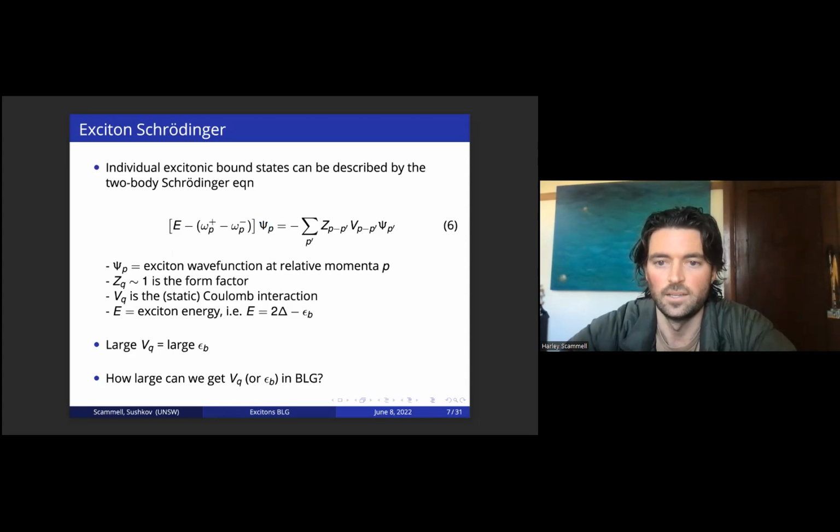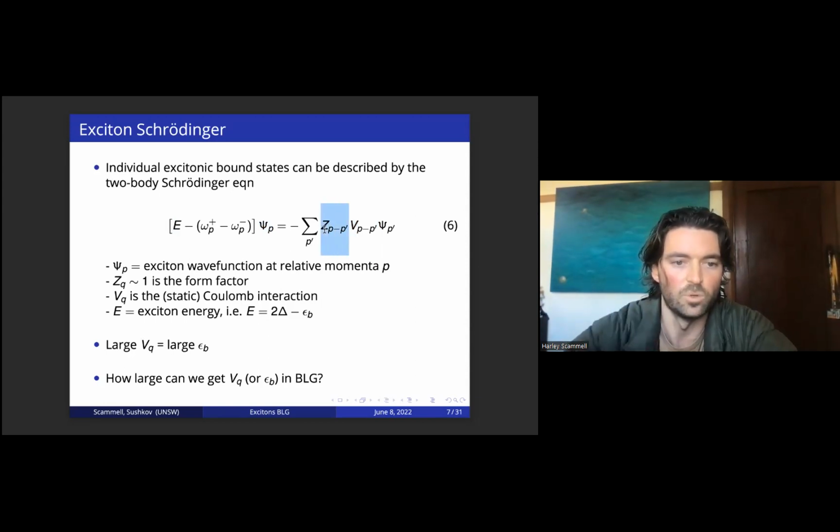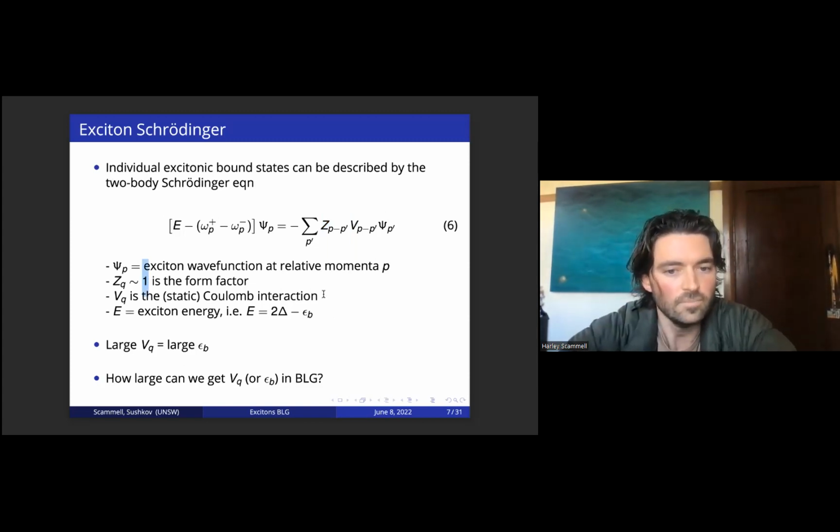On the right-hand side, we have the Coulomb interaction, which is attractive, and also this form factor, which I want to keep here for bookkeeping, but we can set in your mind this equals 1. So equation 6 is just the mechanics behind what's going on in this very simple equation that we're after.